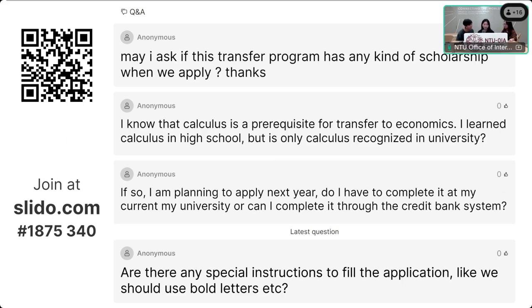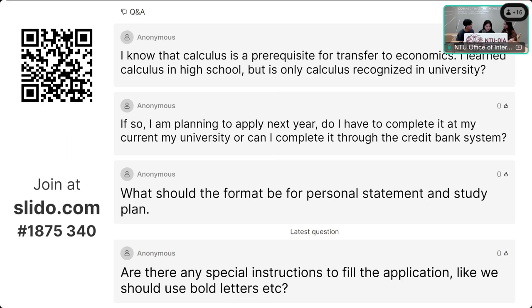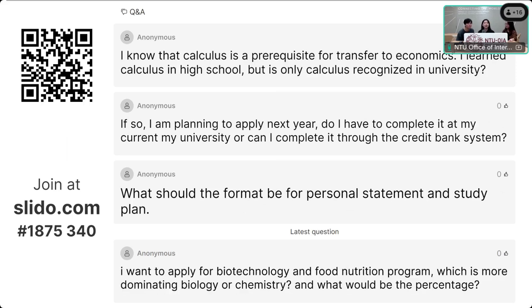Next one: I know that calculus is a prerequisite for transfer to economics. I learned calculus in high school, but is it recognized in university? Actually, if your high school transcript has the subject of calculus, you can add it as a supporting document together with the transcript from your university.